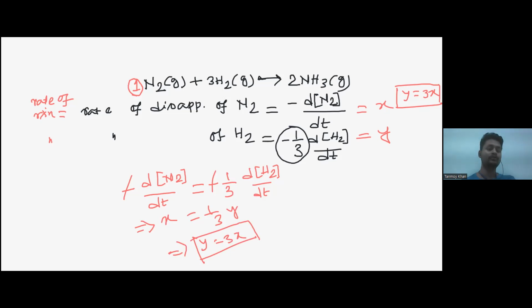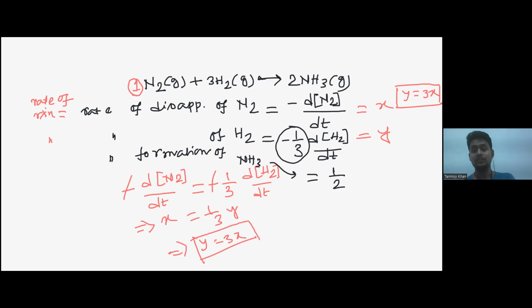So similarly, if you write down the rate of formation, because ammonia NH3 is being formed, it will be equal to 1 by 2. Now we said already that for any product, as it is forming, the concentration difference, final minus initial, is positive.